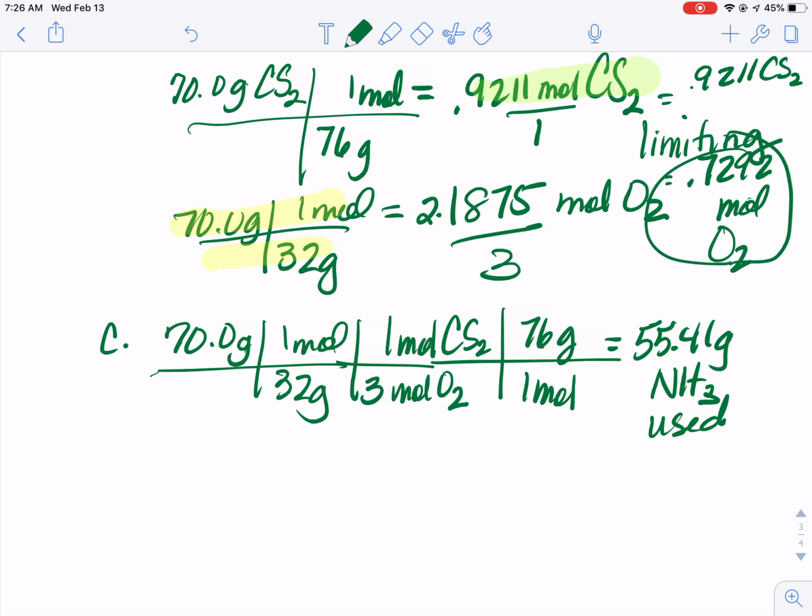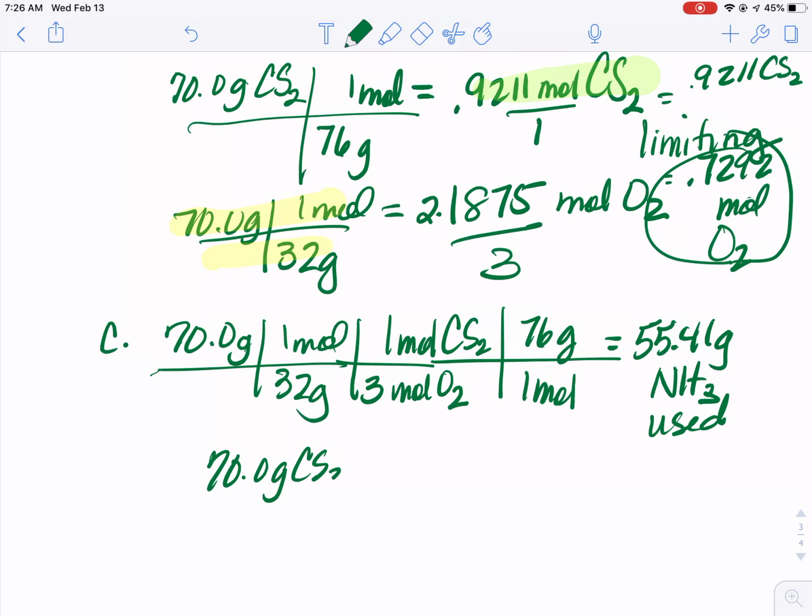All right. How do we figure out what's excess? Well, we take the starting amount, which was 70 grams, minus 55.41 grams. And we get 14.58 left over.